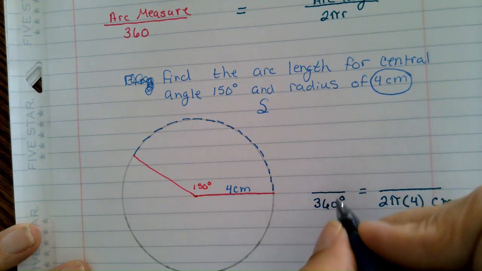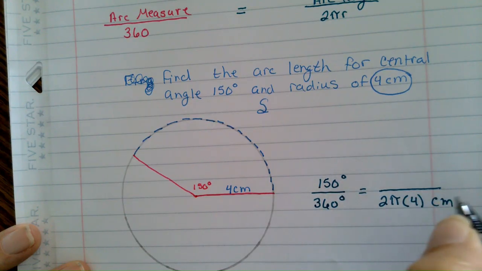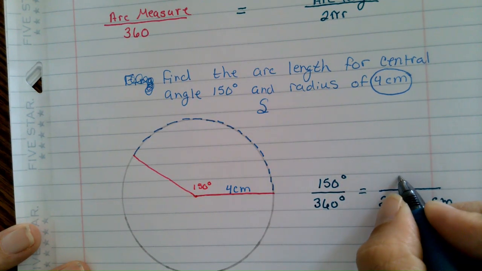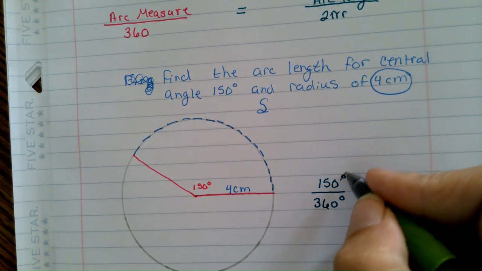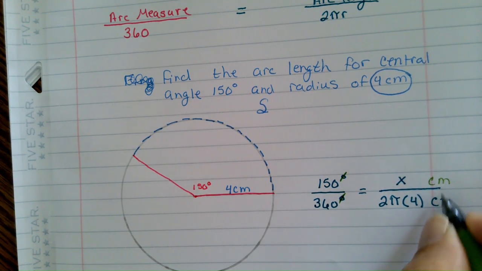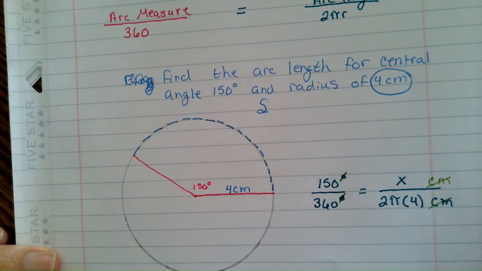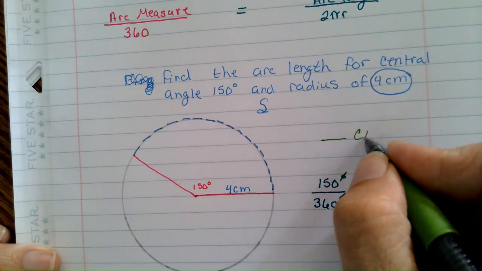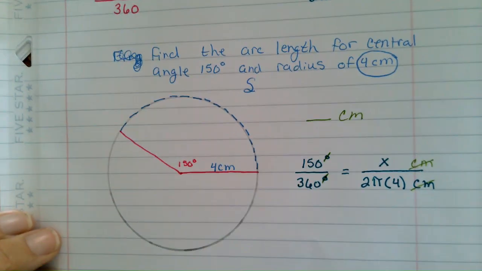We know that our arc is 150 degrees, and we're trying to solve for it, so I'm just going to put an X. Now, think science class-wise, the degree label is going to cancel the degree label, so we're going to need a centimeter label to match up with the centimeter label. So it makes sense that our arc length is in centimeters. So we've canceled the labels so that we don't have to worry about them.